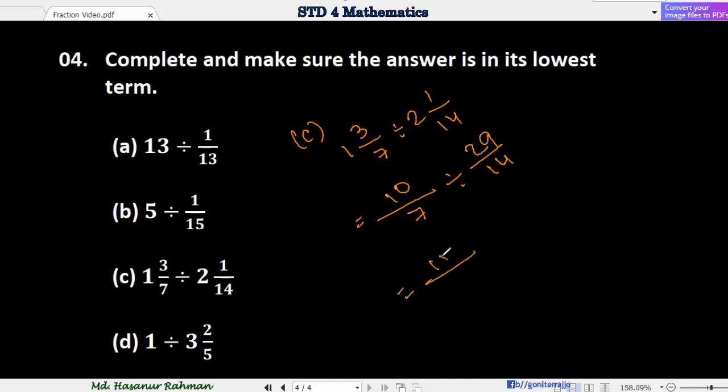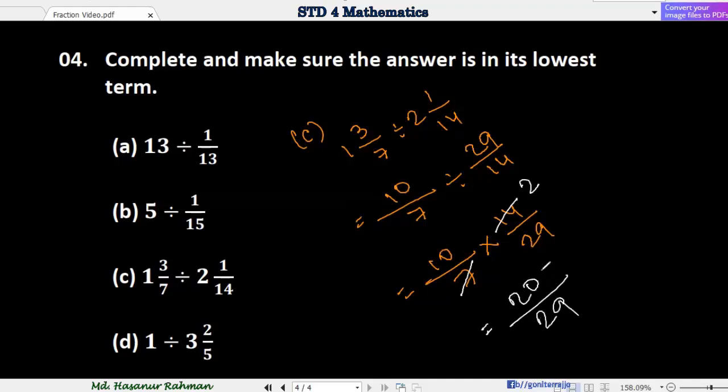Now 10 divided by 7, we have to convert this division into multiplication and find out the reciprocal of 29 by 14, and that is 14 by 29. So now we have to divide 14 divided by 7, that is 2. Very simple. Now we have to multiply the numerator. 10 multiplied by 2, that is 20, and here is the 29 as denominator. So that should be our answer.